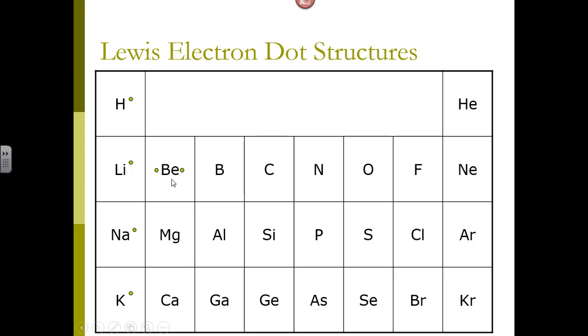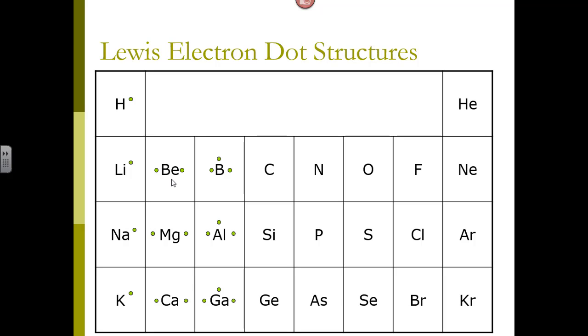Again, same column, magnesium and calcium are going to look the same. Next column, boron, has 3. Again, it doesn't matter what sides they are on as long as they are on different sides. Aluminum and gallium will be the same.